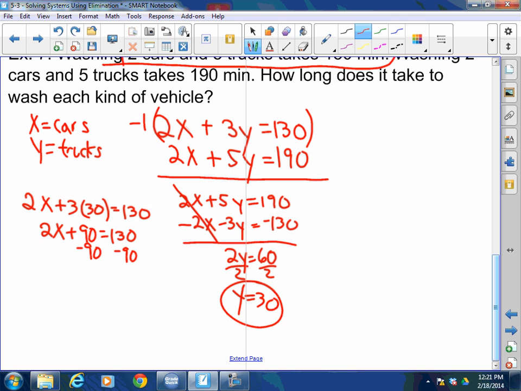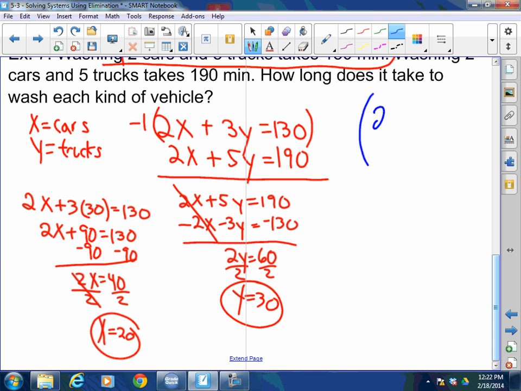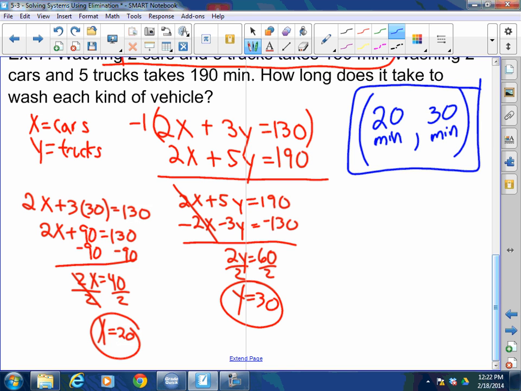Subtract 90 from both sides. 2x equals 40, divided by 2. x equals 20. So it takes 20 minutes to wash a car and 30 minutes to wash a truck. Does that make sense?